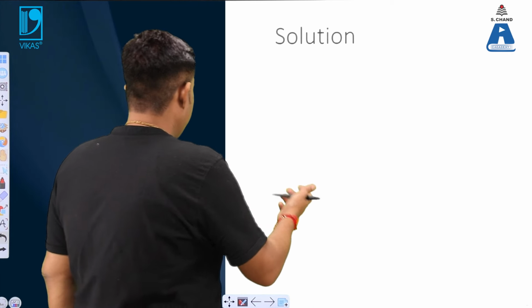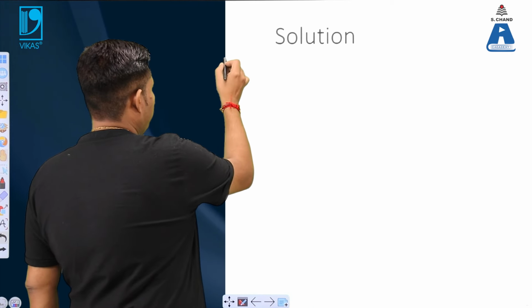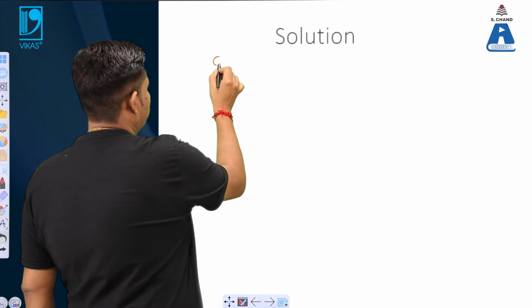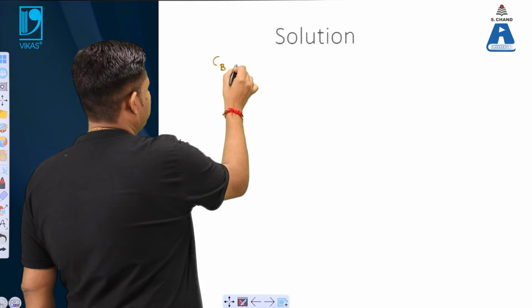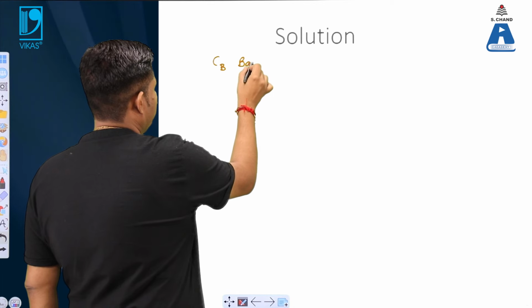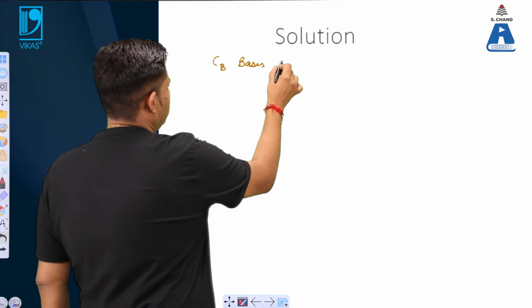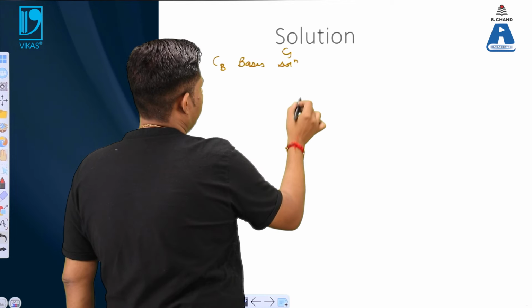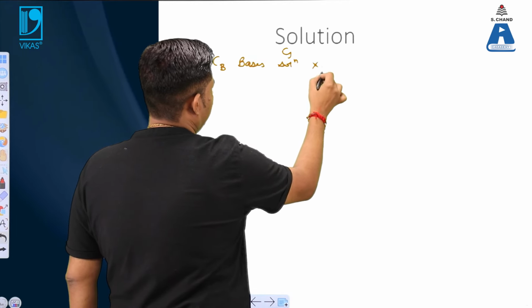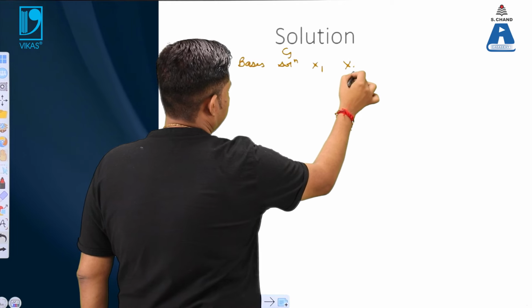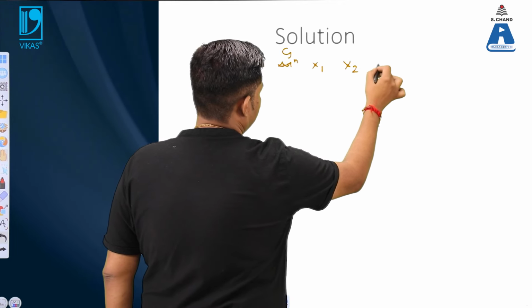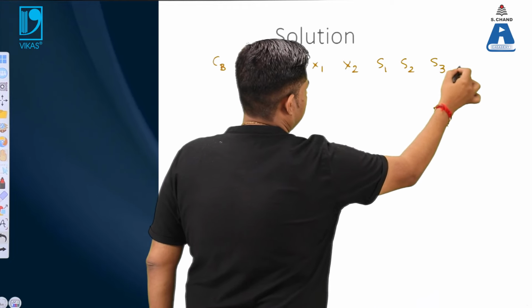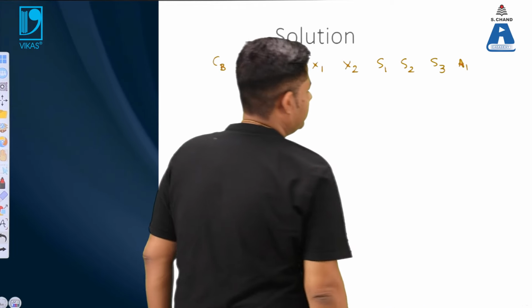So in order to solve it, I need to make a table, and that particular table would be related to a certain set, which is CB, basis, solution. Above solution I have to mention Cj values, and I have to mention all these decision variables, which are x1, x2, s1, s2, s3, and the artificial variable, a1.